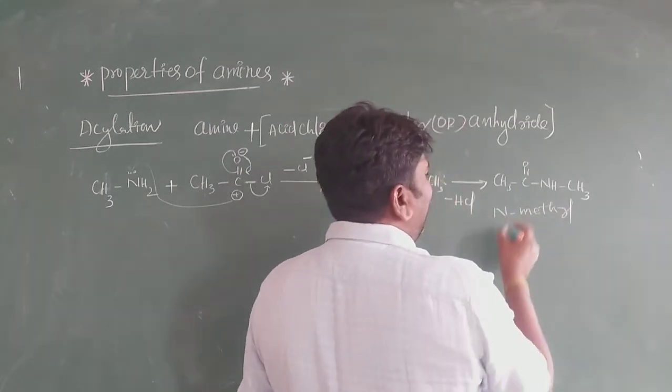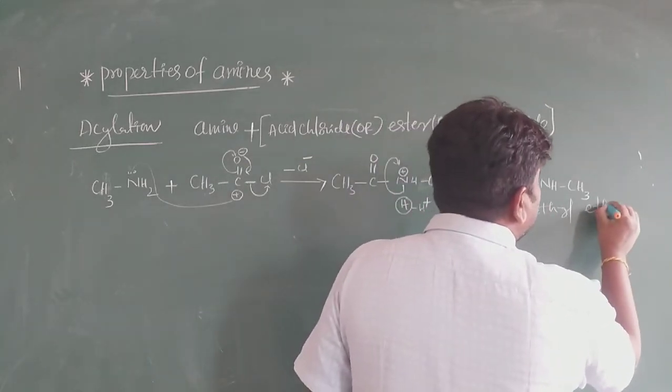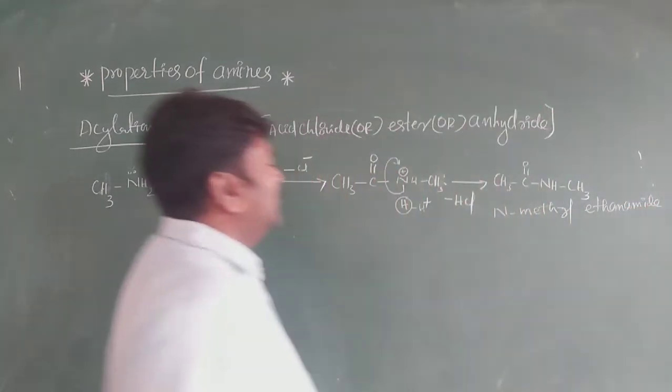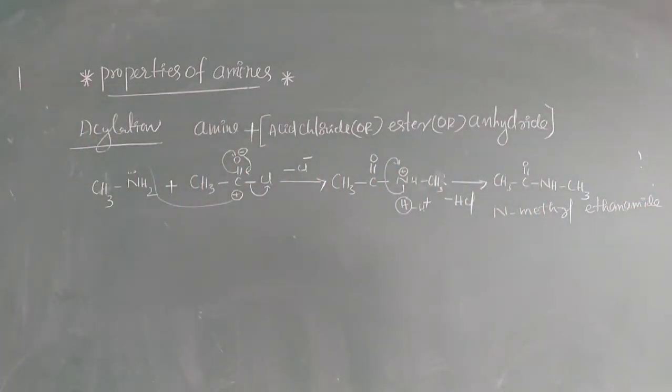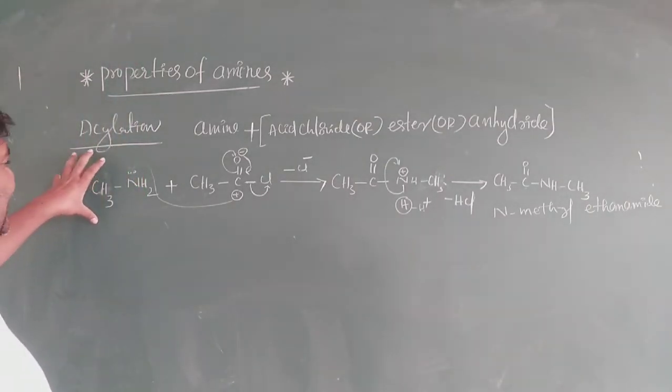Next, how many carbons are there in the remaining part? 2 carbons, so it is ethanamide. I hope all the students have understood, my dear students. This one is methanamine.